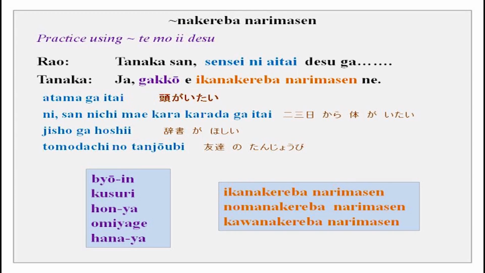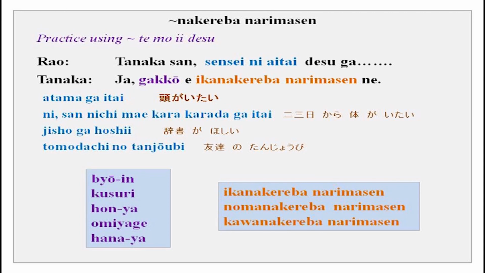For example, you can say Tanaka-san, atama ga itai desu ga, and Tanaka would say jaa byouin e ikanakereba narimasen. You have to go to the hospital. Once again, Tanaka-san, nisan nichi mae kara karada ga itai desu ga, karada is your body. You can say again, oishasan ni, oishasan is your doctor.